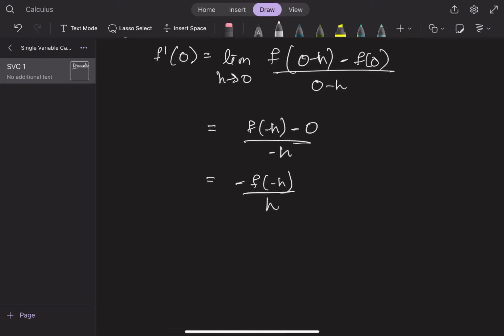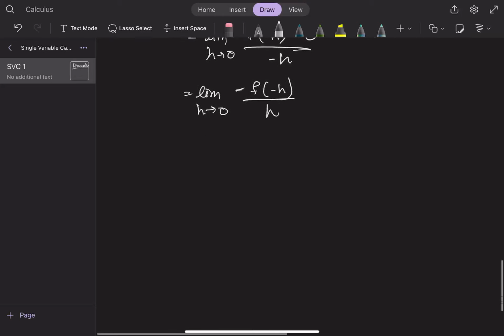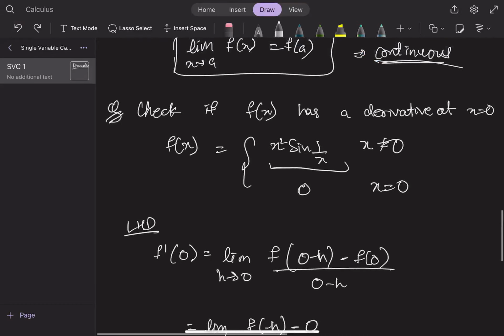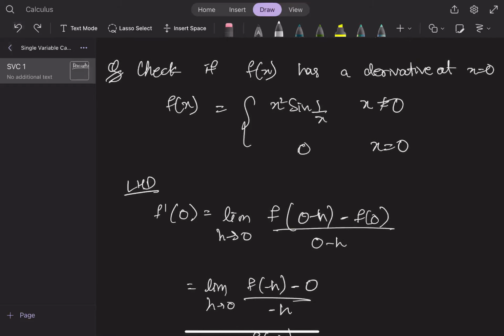Or let's write limit h tends to 0 everywhere. Okay, so what is it when h tends to 0 but is not exactly 0? It's given to us in the question. It's this. So let's replace this.